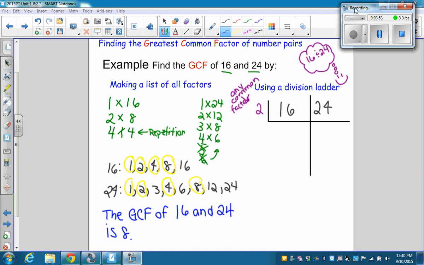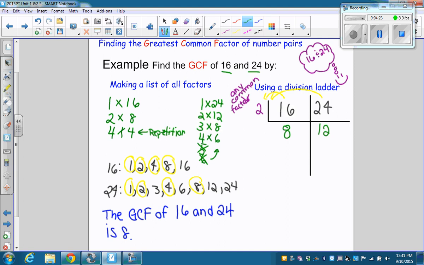Once you have that common factor, what you do is you think of a division problem. You think about 16 divided by 2 and get that answer in your head, and then you put the answer down here below. So 16 divided by 2 is 8, so you put the result there. Then you repeat the process for 24 divided by 2. 24 divided by 2 is 12.